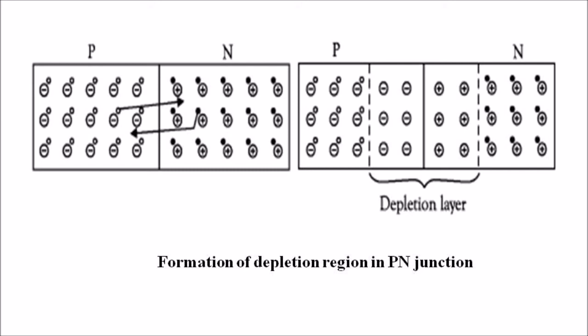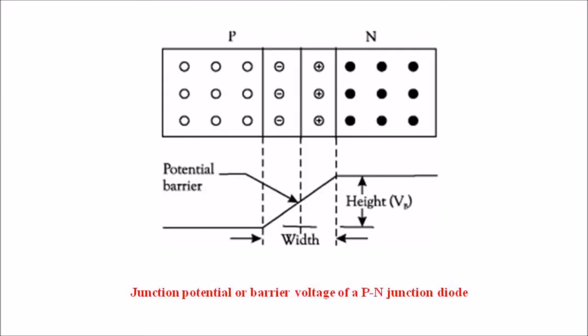The additional holes trying to diffuse to the n region are repelled by the uncovered positive charge of the donor ions. Similarly, the electrons trying to diffuse into the p region are repelled by the uncovered negative charge of the acceptor ions. Hence, further diffusion of free electrons and holes across the junction is stopped. So these are the important factors while constructing or considering a p-n junction.